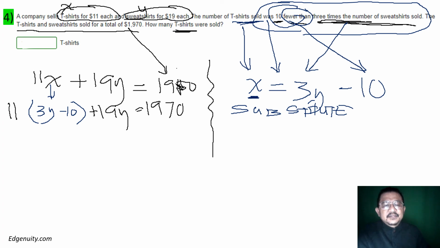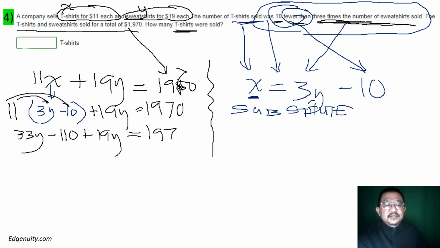Okay, so 11 times 3, distributive property, is 33Y. 11 times 10 is negative 110 plus 19Y is equal to 1970.